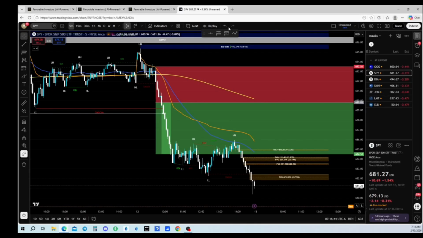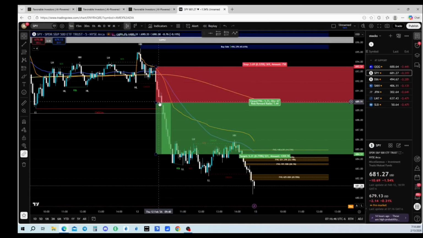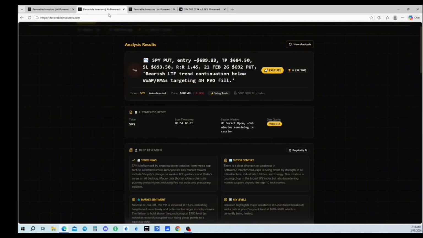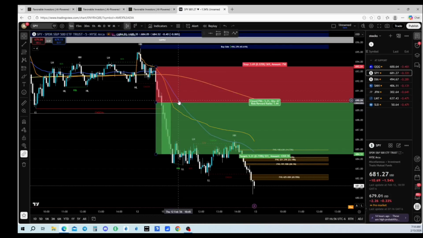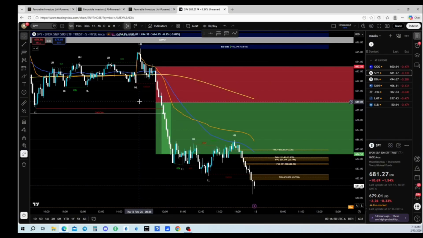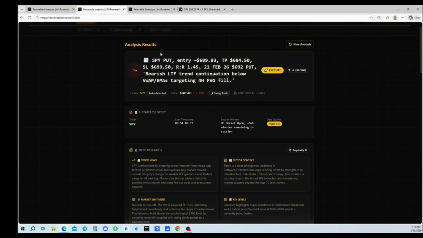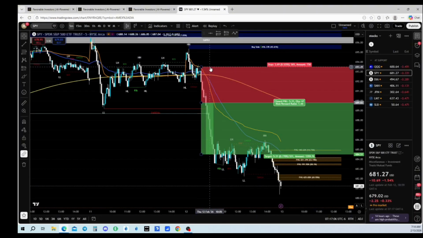So this SPY trade was also a put, and we can see it dumped. Look at this move down. This was a perfect trade as well. And yes, if you traded yesterday, then you know that the market just dumped, okay? So there was no real sketchy drawdown. The market just dumped, and this algorithm was able to pick up on that.